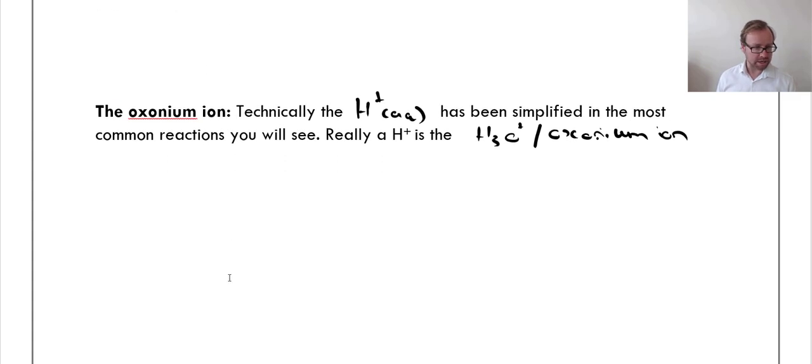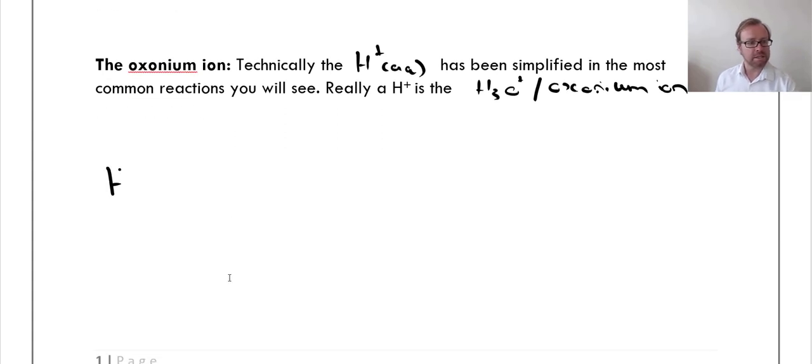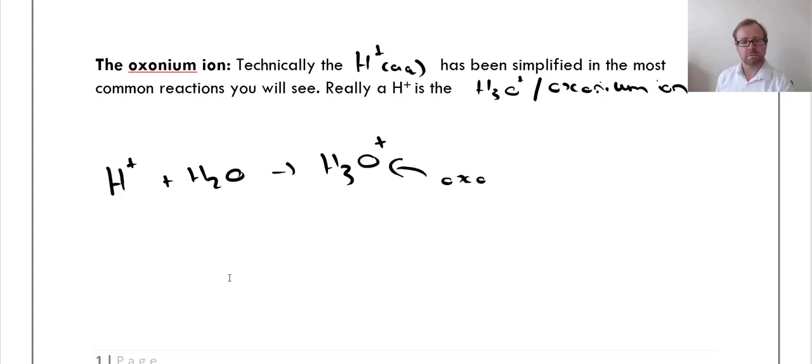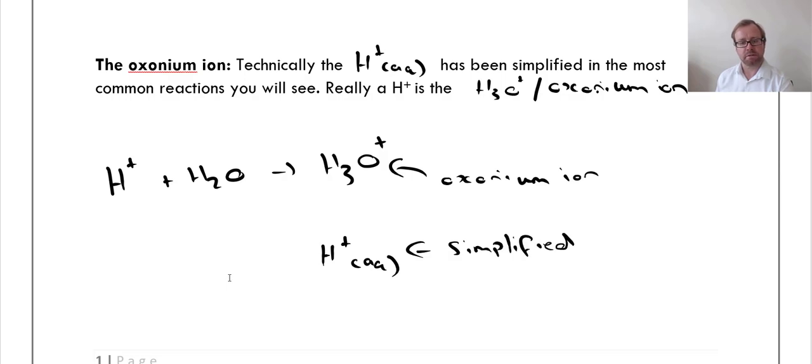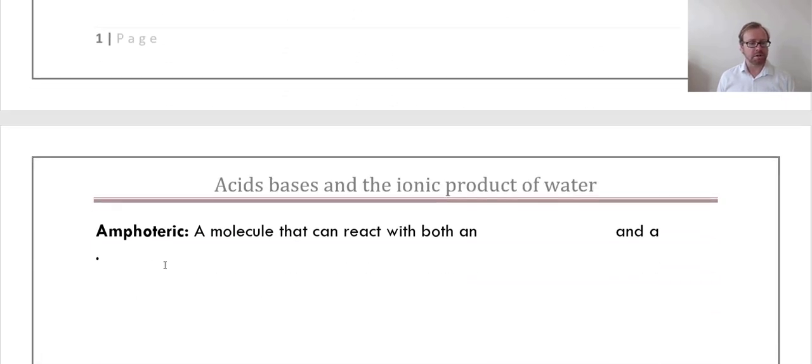So when we have an acid dissolved in water, it actually reacts with water to produce H3O plus, our oxonium ion, which is generally simplified to H plus. Just a quick point, if you see it in any textbooks or on any other videos and wonder what it is.